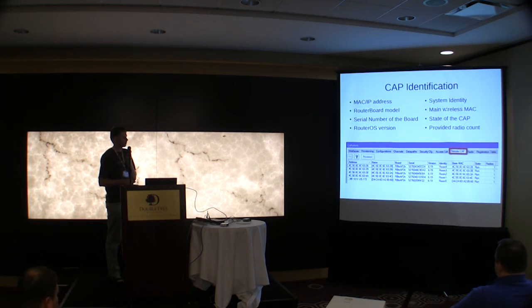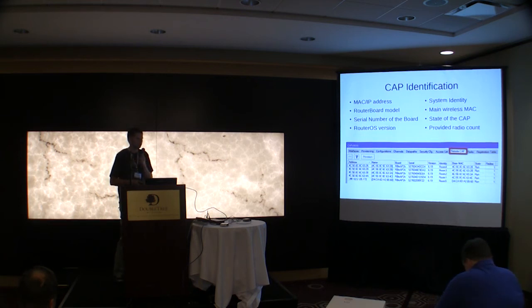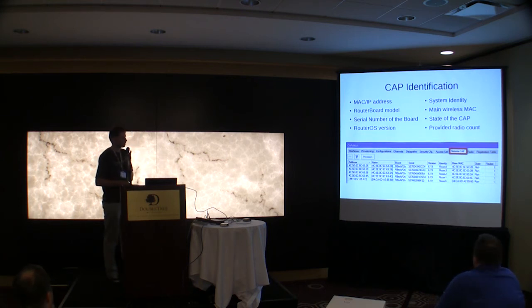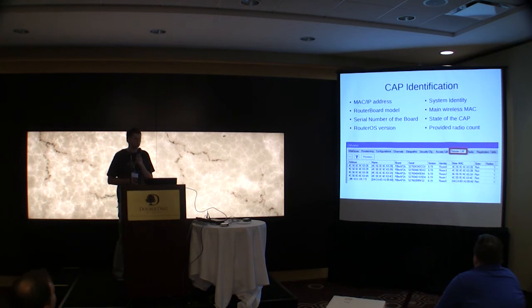Then you can see the wireless MAC address here. And of course the state of the cap. If you boot the cap, it will go into DTLS status first. It tries to connect, and only then it will go into the run state. And also if you have a dual band AP or multiple wireless cards, it also shows how many radio interfaces it provides.